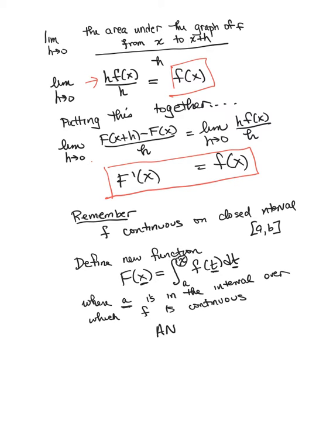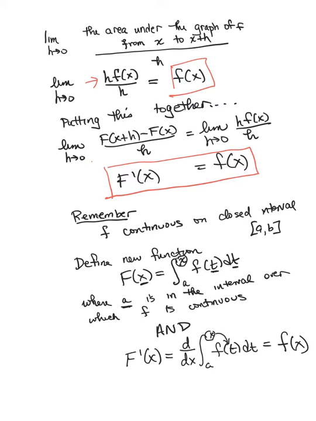And whatever that function is, capital F, its derivative, which is the derivative of this integral, gives back little f, but we replace this t with x. That is the Fundamental Theorem of Calculus, Part 2. It looks confusing, but it's really very simple.